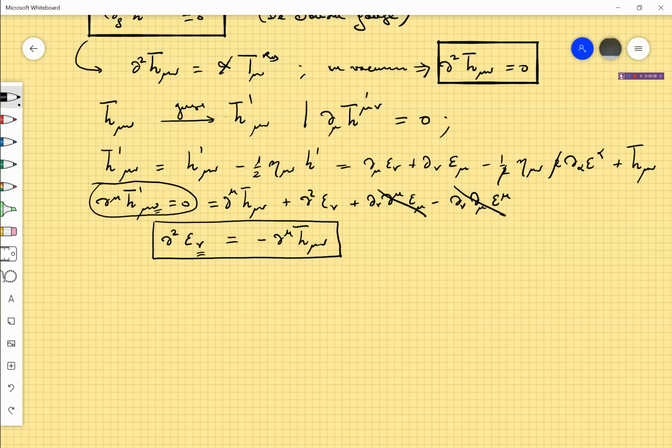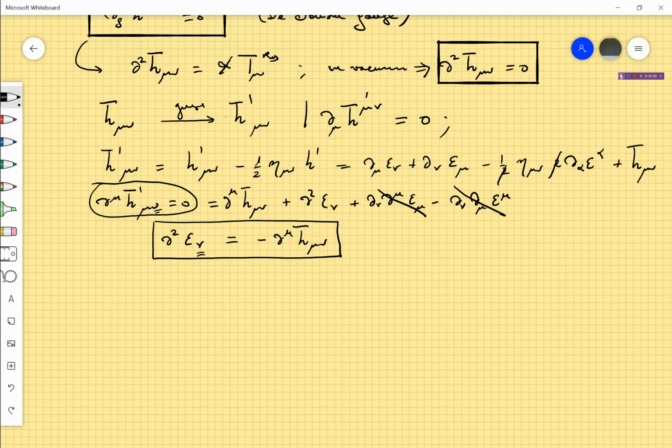However, and this is why the counting of degrees of freedom, when you know what the gauge transformations are, is not so straightforward. You can still perform additional gauge transformations that preserve the de Donder gauge. In other words, the de Donder gauge condition does not fix completely the gauge.